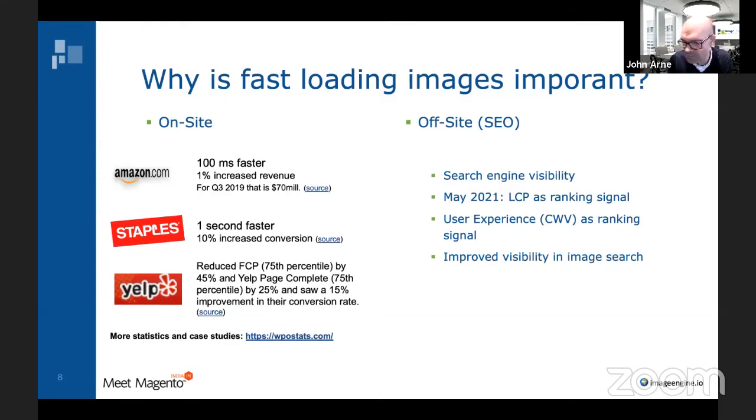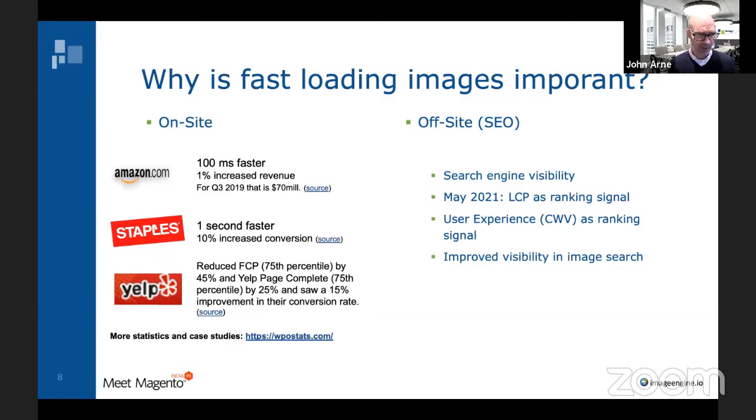There are tons of studies on the web demonstrating numbers like this, but it's very interesting to see the effect of, just like in Amazon's case here, just 100 milliseconds faster means 1% increased revenue. Obviously, we're not all Amazon, but it demonstrates that every millisecond basically counts.